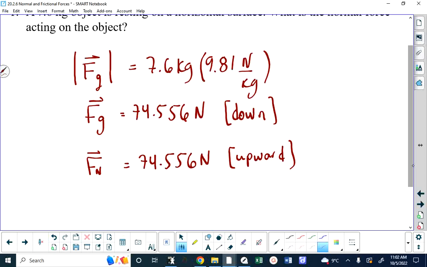Why do we know they're balanced? If it's resting on the surface, why do the forces have to be balanced? And I'm not just joking around, I'm being sincere.